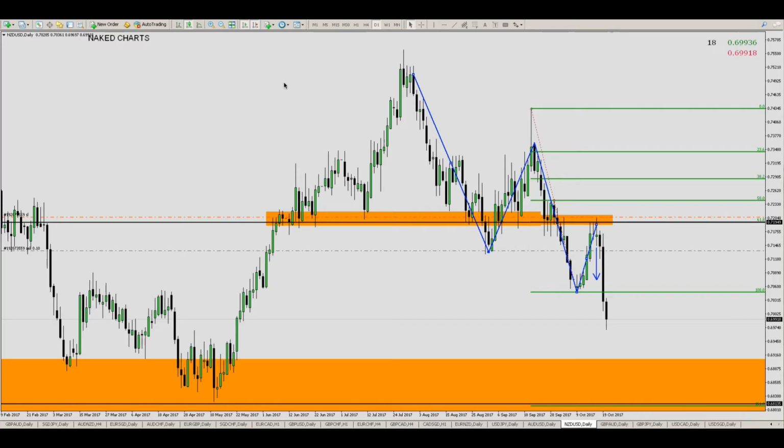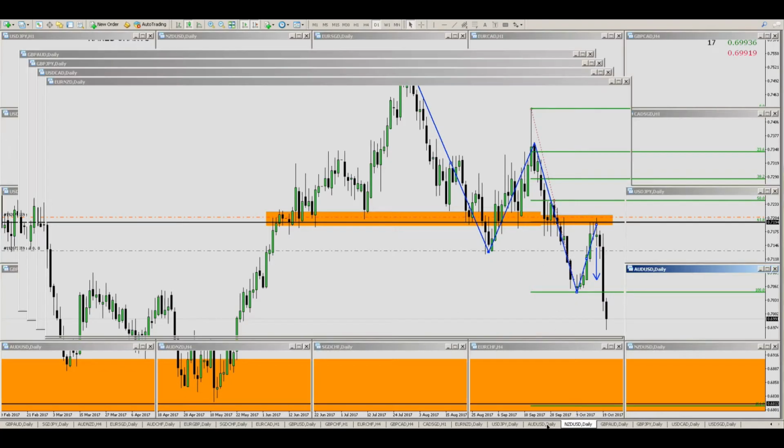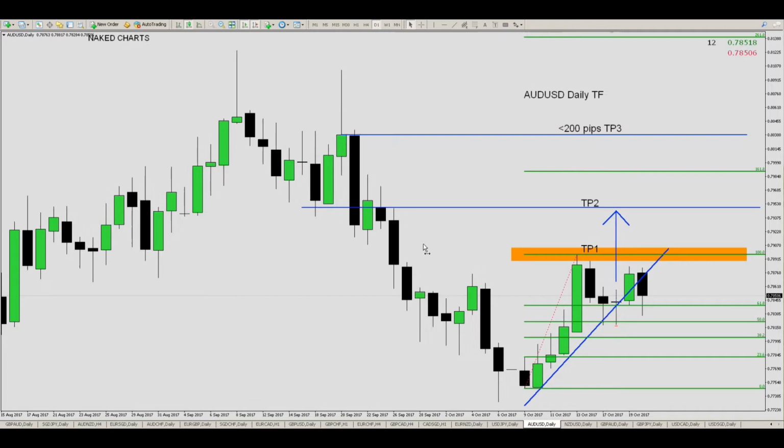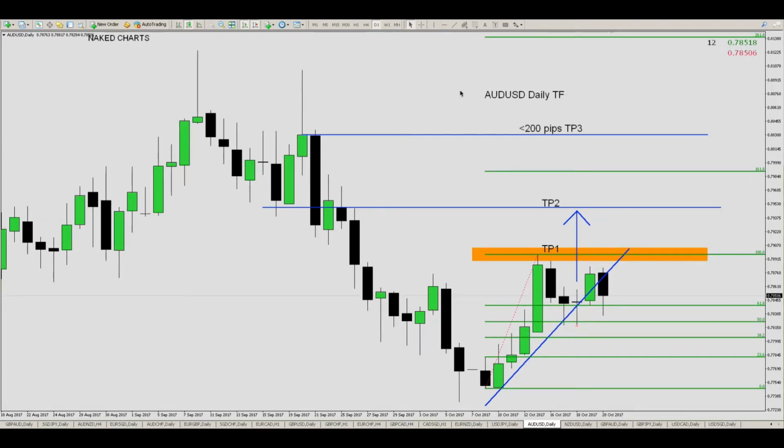So this is the New Zealand US dollar. I will also share my other call made at the same time. This is the Australian dollar, US dollar, Aussie and US dollar.